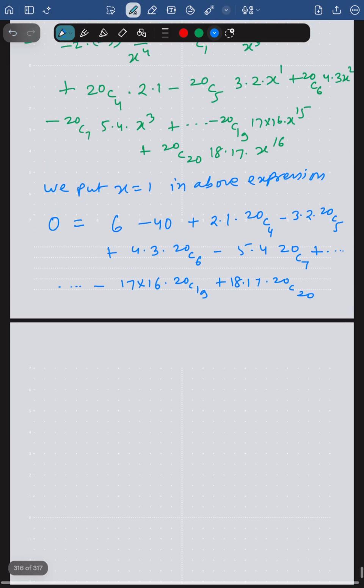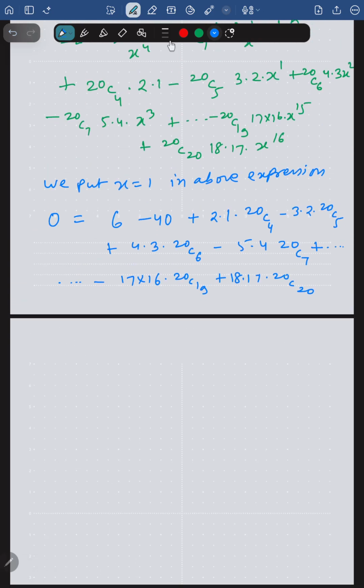We have come till the solution here. You know that this portion from here to here is our required portion. Yes or no? Required portion.